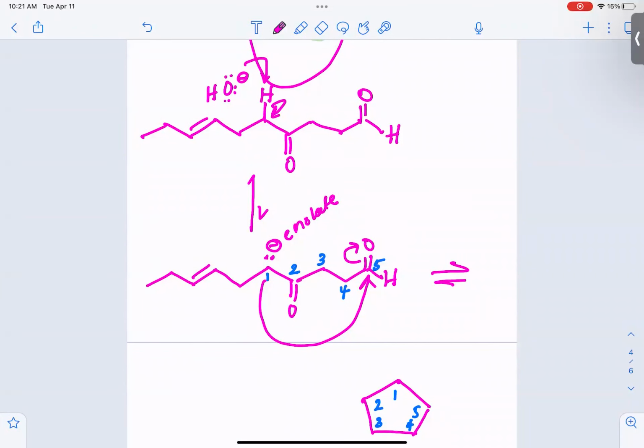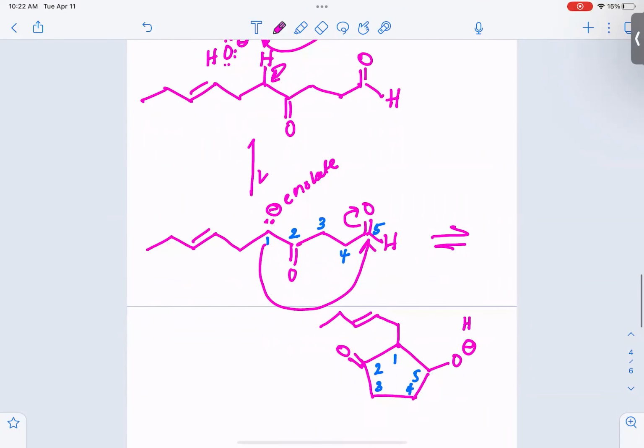On carbon 1, I have to have the chain that's still there. On carbon 5, I have an O minus. On carbon 2, I have a carbonyl. This is aqueous, so I can protonate my O minus.